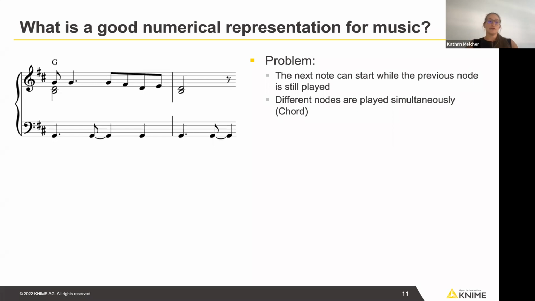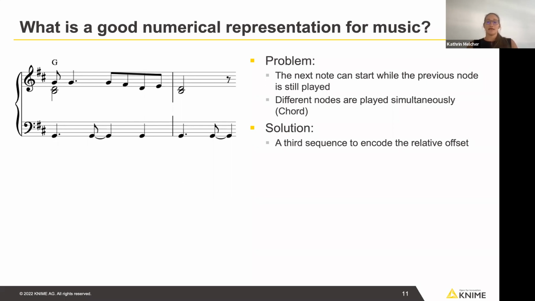And also another issue that we have in music is sometimes another note starts while the other one is still playing. And this is something that we have here as well, because this note is actually played until here, and then this note starts already in between. And we also need to encode this somehow in our numerical representation for music. And therefore, I need a third sequence.